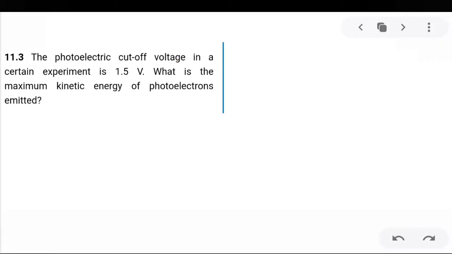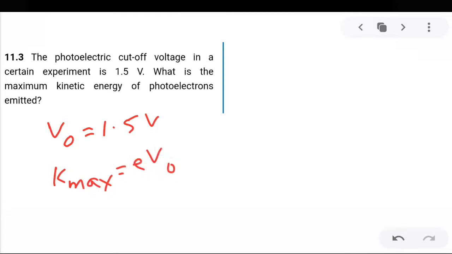Now the next question is a similar question. The photoelectric cutoff voltage in a certain experiment is 1.5 volt. So this is the stopping potential V naught, equal to 1.5 volt. What is the maximum kinetic energy of the photoelectrons? K max is equal to e V naught, so that is 1.5 electron volt.